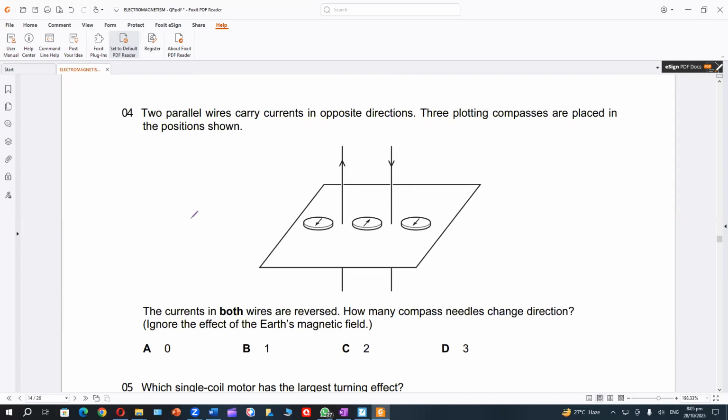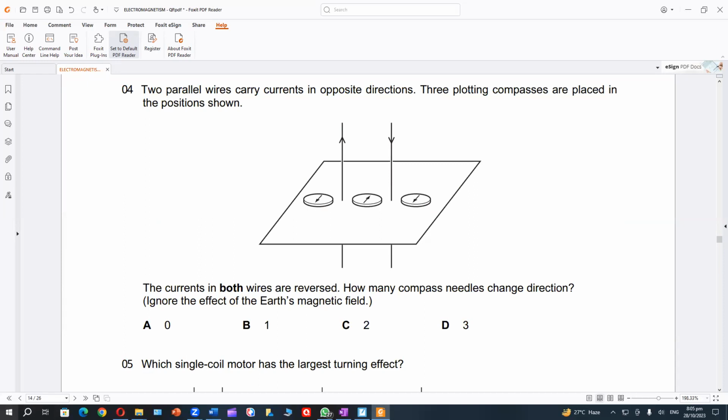Two parallel wires carry currents. Read this question. Please, everyone should participate.